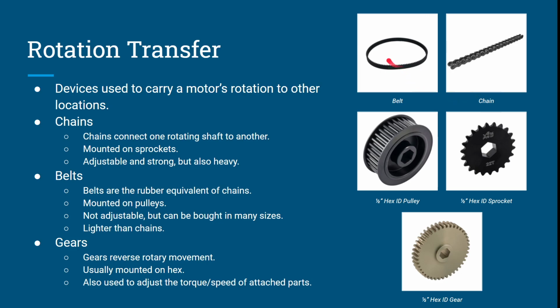Belts you have to buy common off the shelf, you can't really make them yourself. Pulleys you can make yourself if you have a 3D printer. Belts and pulleys are more efficient and smoother, and also lighter, but they're a little bit harder to integrate into designs. Gears have a whole lot of applications, so just keep those in mind.